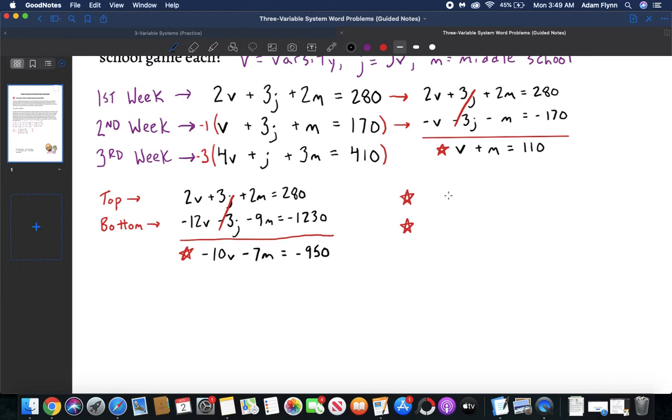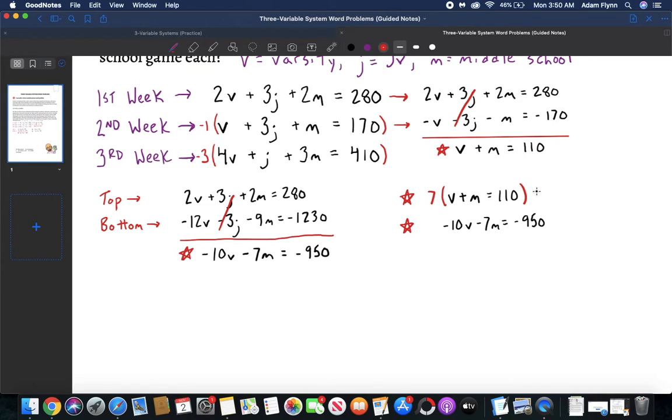So I've got v plus m equals 110, and -10v minus 7m equals -950. I'm going to eliminate, I'm going to choose my m's. So I need to make my top m a positive 7m.